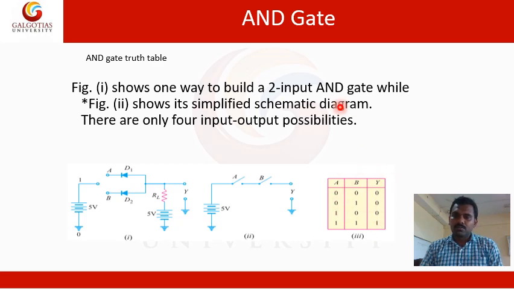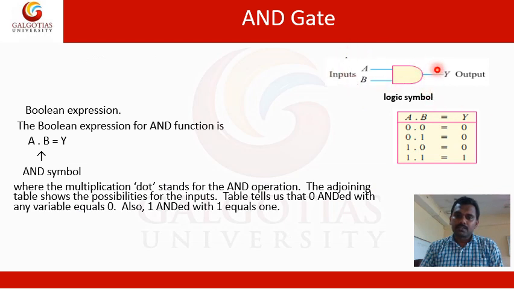This is the truth table for AND gate, and this is the corresponding symbol of AND gate. And as we know that A dot B is equal to Y is the Boolean expression for AND gate. So here dot indicates the AND symbol. So we can easily see that if we place the value A and B, that is input values, we will get the corresponding output.